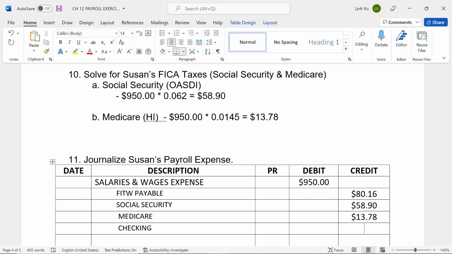And we subtract this amount from the 950. 950 minus 80.16 minus 58.90 minus 13.78.